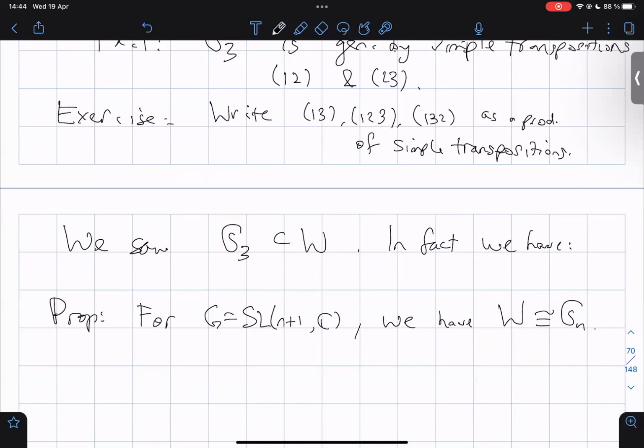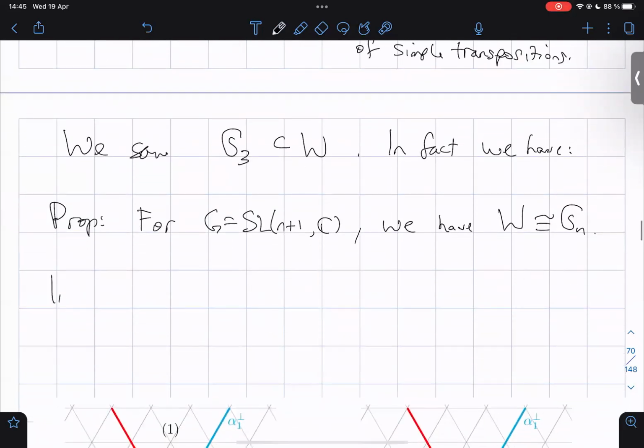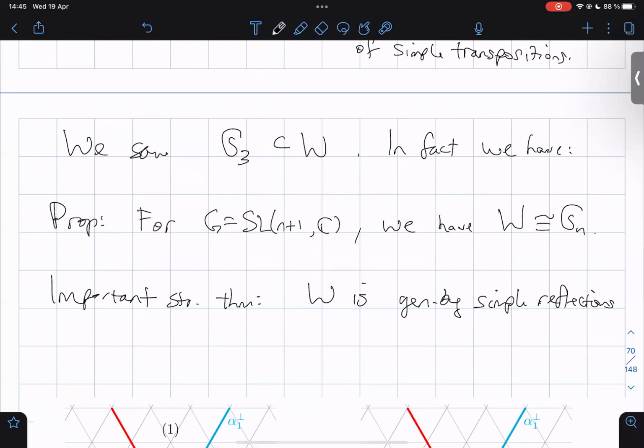An important structure theorem which circumvents this definition via normalizer mod centralizer is that W is generated by the simple reflections.